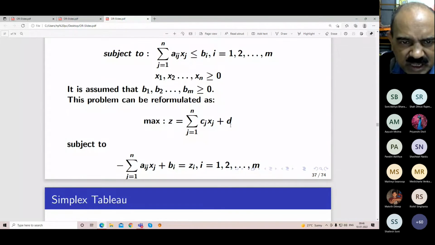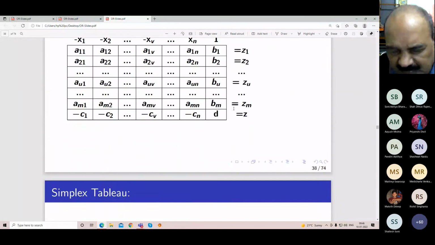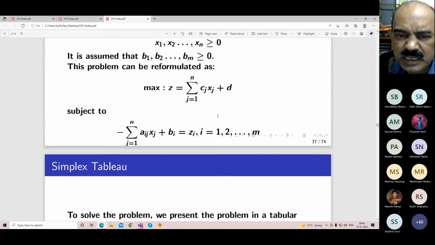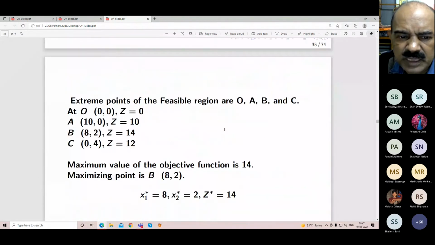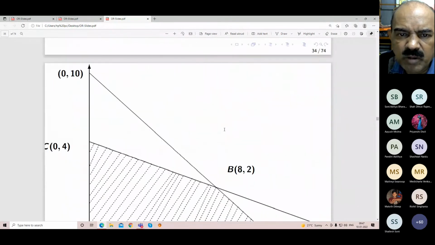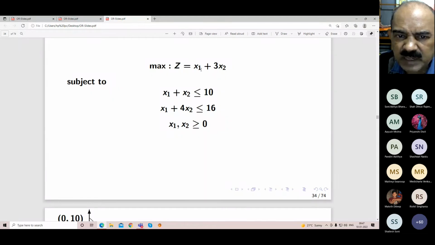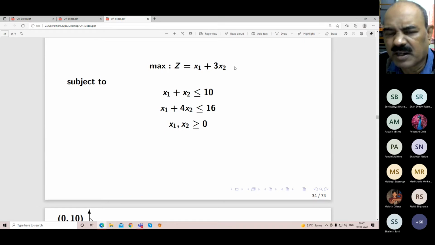It is a constant and will not affect anything. In our problem D equal to 0. For example, say we want to maximize Z equal to X1 plus 3X2 minus 100 or plus 100, hardly matters.